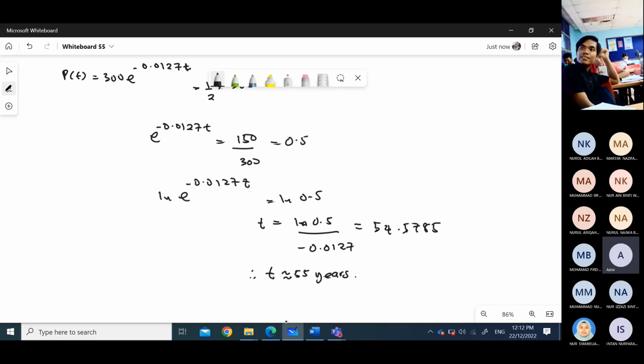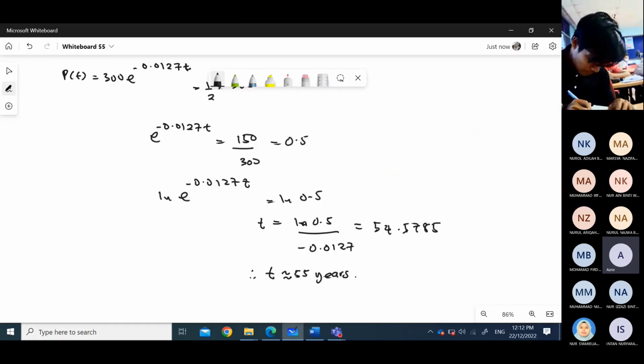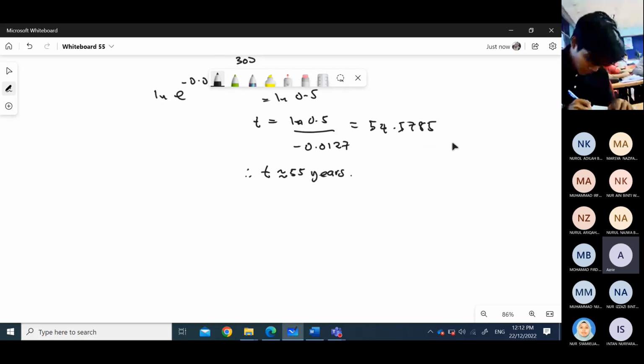Boleh? Okay, very good. Last sekali, the amount of isotopes after 170 years. So this one you just substitute T into 170. Masukkan sahaja.